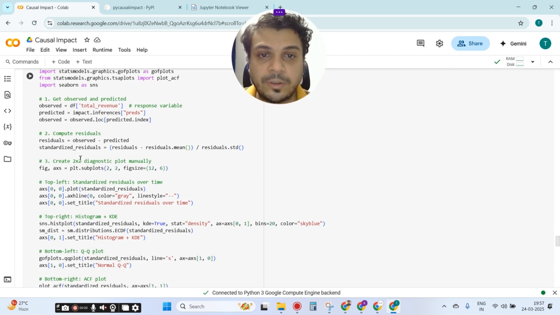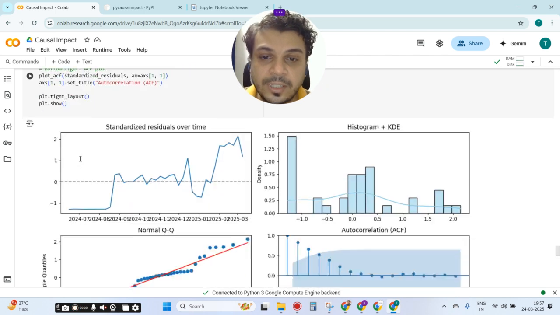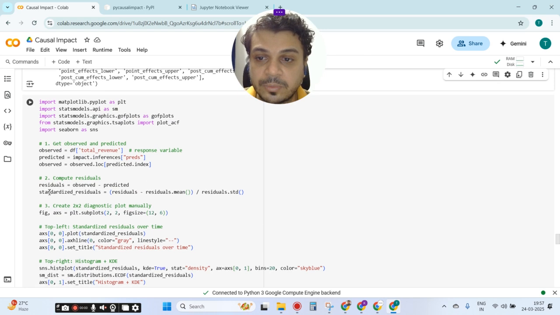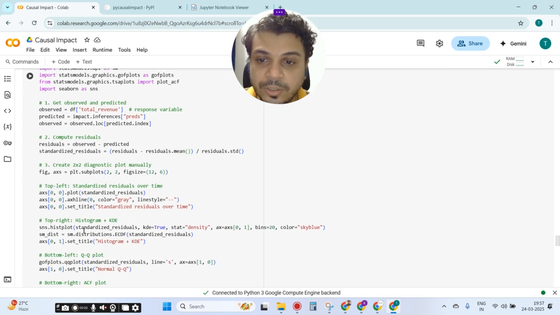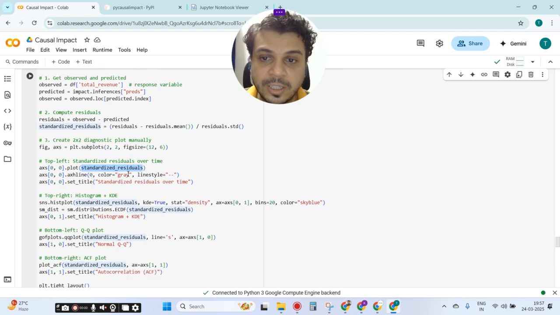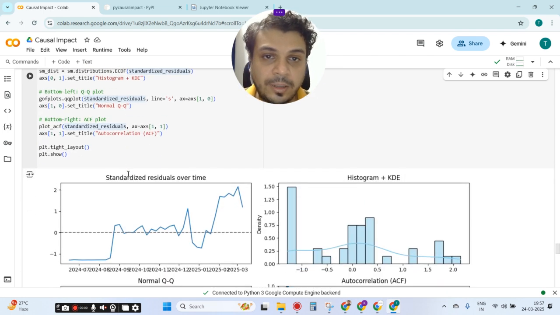We have to have some sort of evaluative criteria, right? And you see that these are very common plots that we get from statsmodels. So we see that from statsmodels with graphics, we can have these plots. These are called the standardized residual plots. Residuals are nothing but the difference between the actuals and the predicted.